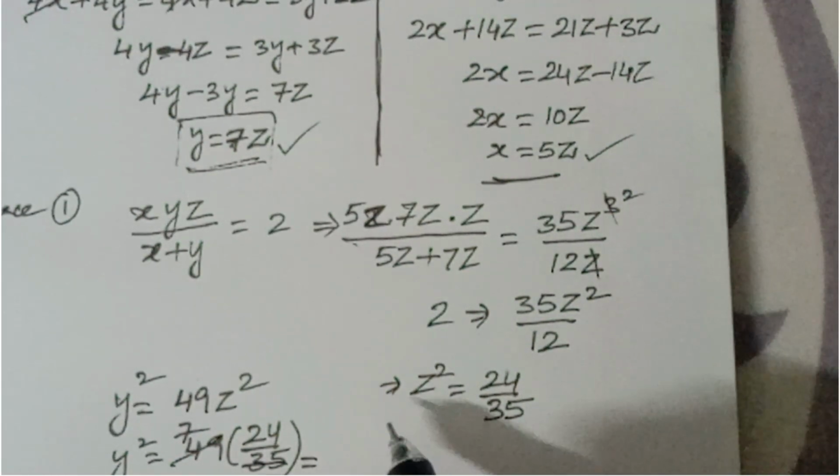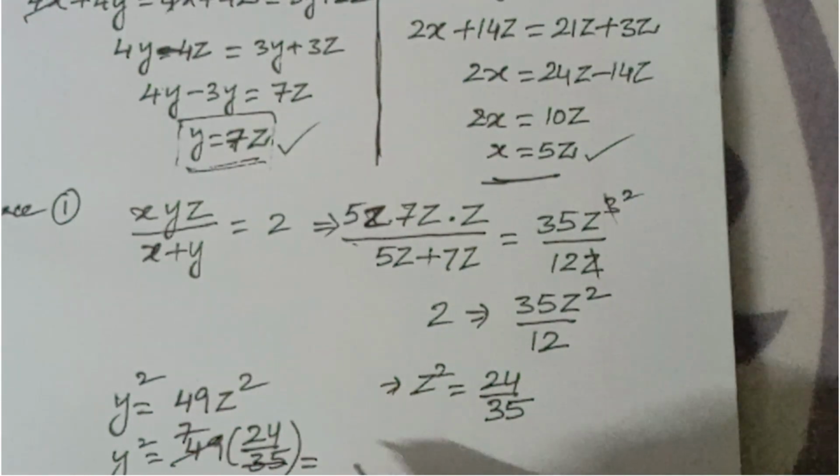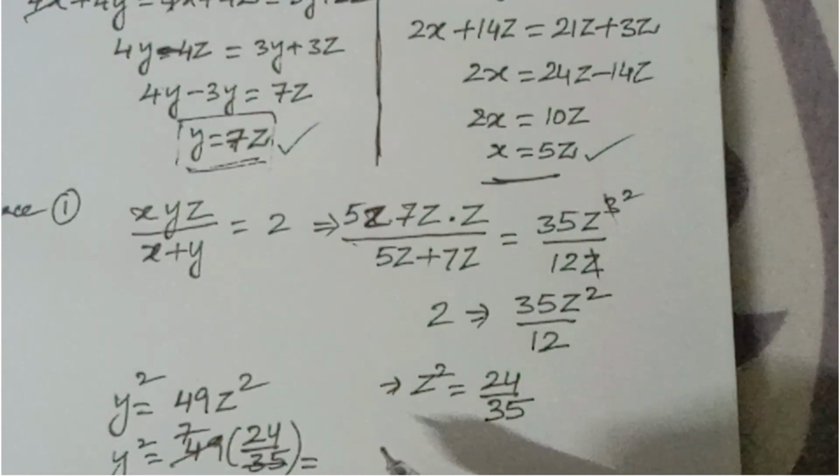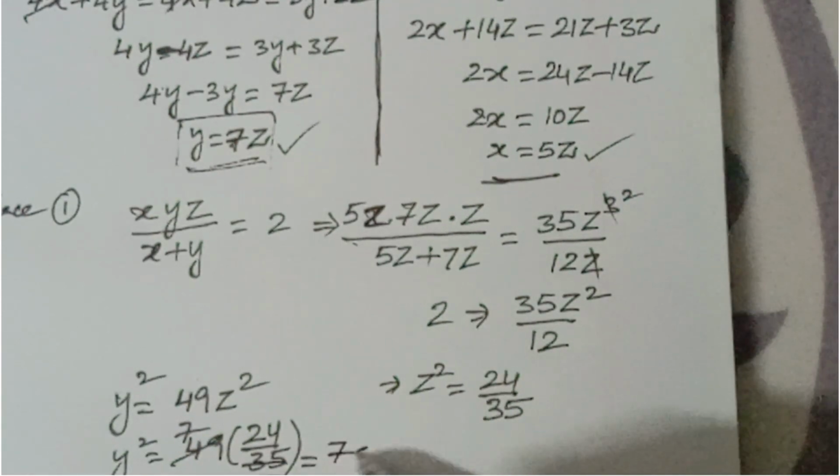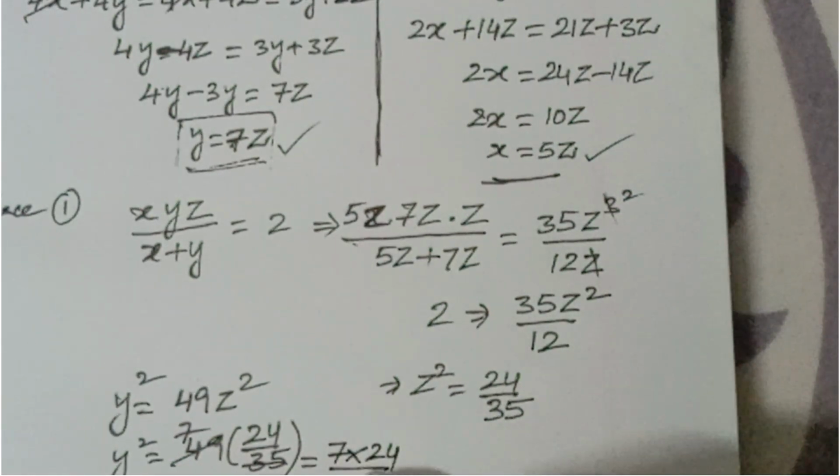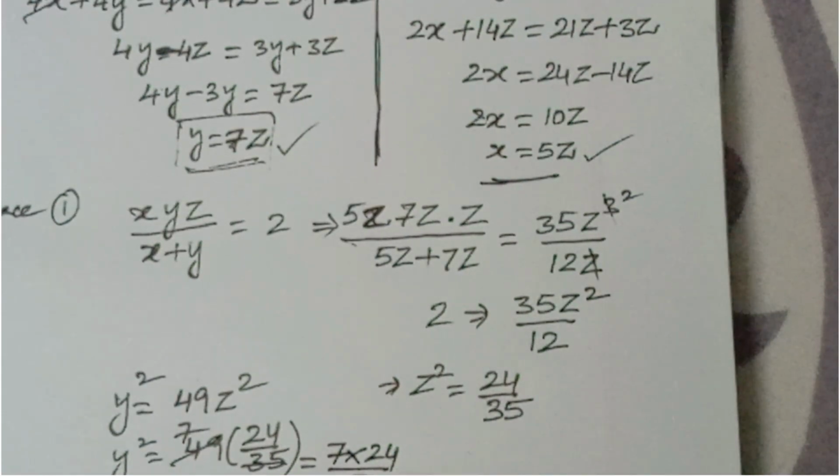So here what will we get: y square is equal to 7 into 24 by 5. In the same way, x square is equal to 25z square.